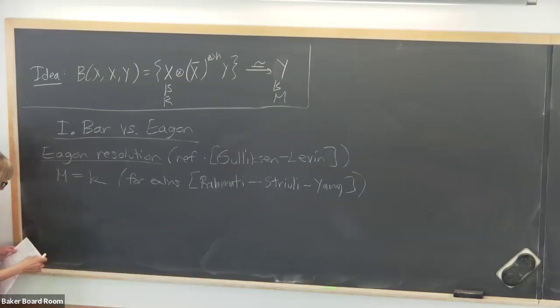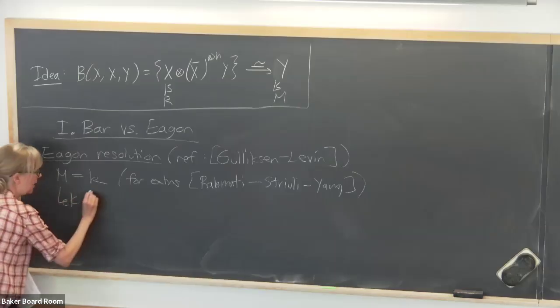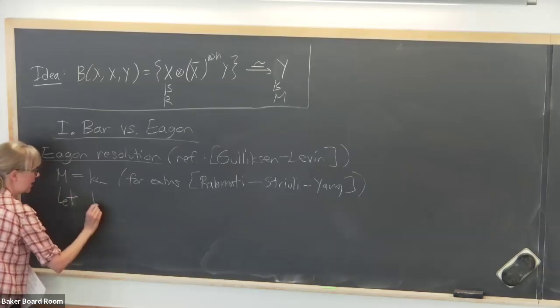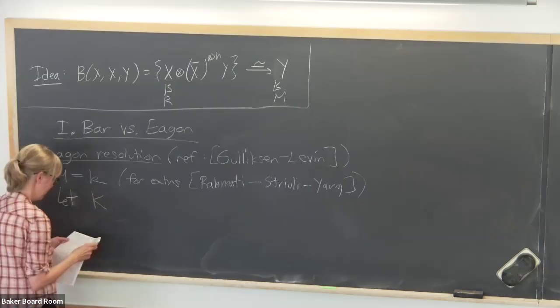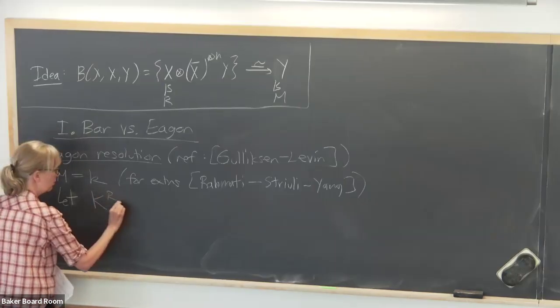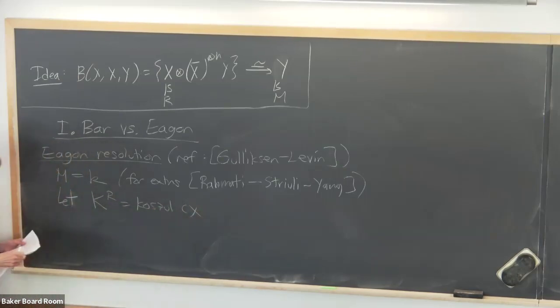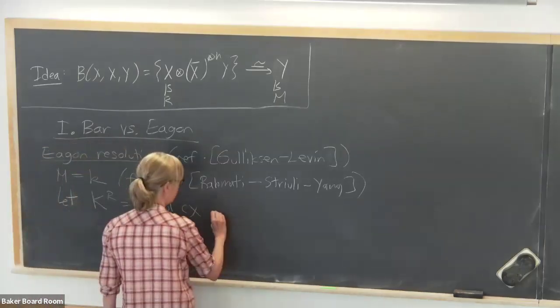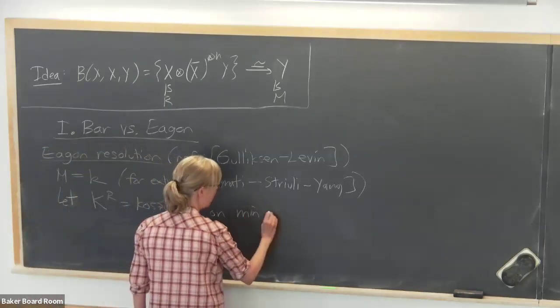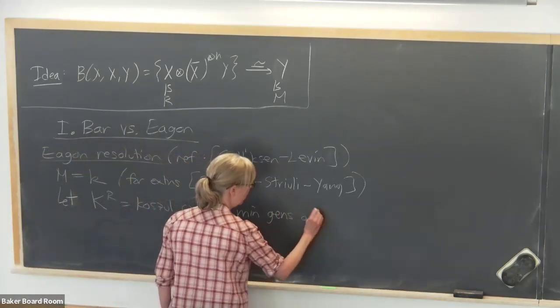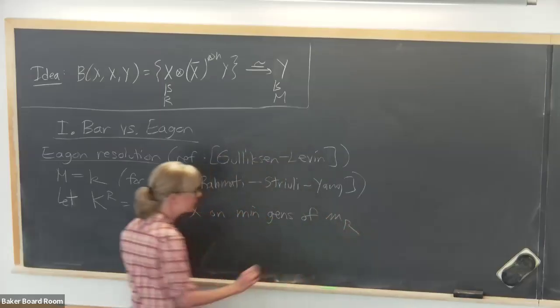So we take M to be K. Let K^R be the Koszul complex on minimal generators of the maximal ideal of R.